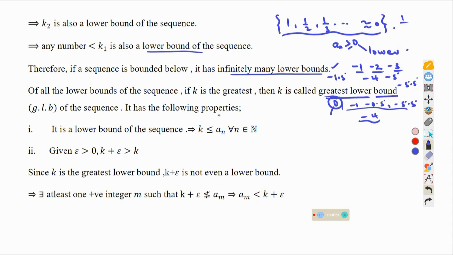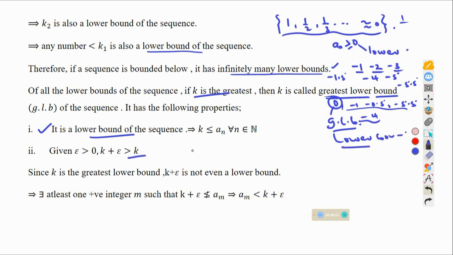And the greatest lower bound will satisfy some properties. One, if we say k is the greatest lower bound, first of all, k must be a lower bound. If 0 is the greatest lower bound, then this 0 must first of all be a lower bound.